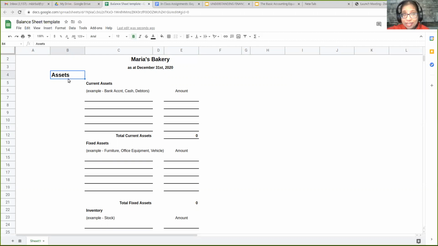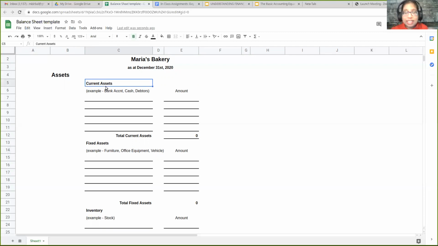So the assets, of course, remember, we spoke about two types of assets. We have the current assets and we have the fixed assets. So remember the difference between the two. Fixed assets are for more long-term use in the business, for example, office equipment, vehicle, furniture, land, building, those types of things.